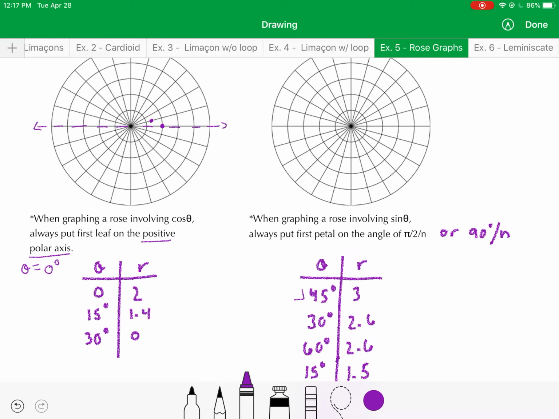Okay, so that point that I just plotted of 1.4 at 15 degrees, I can reflect that across the polar axis, and that'll give me another point here. Okay. Next thing to plug in would just be 30 degrees. Notice that gives me an r value of 0. Okay. And those 4 points are enough for me to see that my first petal looks like this.